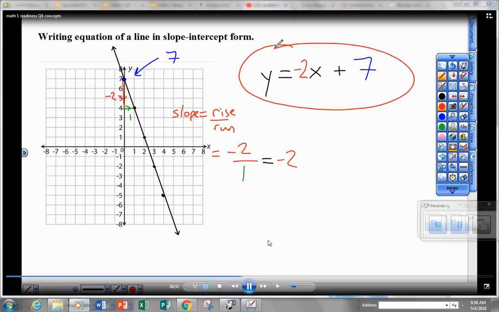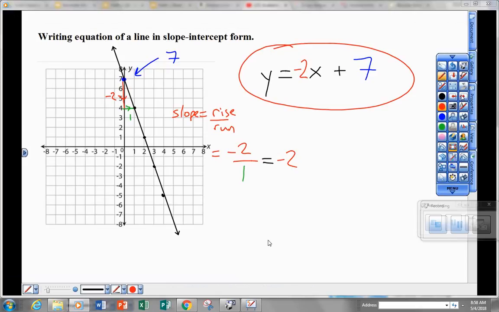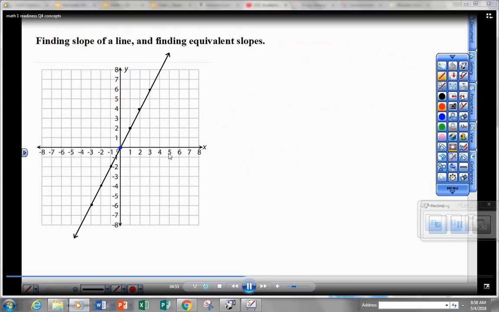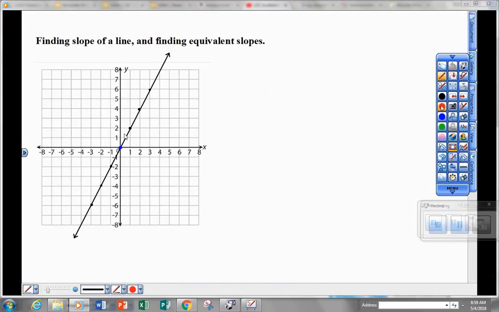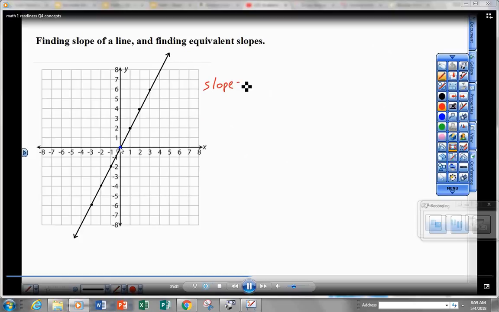All right, next problem for slope. For my equivalent slopes, I need you to know the slope of this line and be able to describe that in a couple of different ratios or fractions or slope triangles. So for this slope, if I connect 2 points and follow that little pattern, every time I go up 2, I go right 1, up 2, right 1.